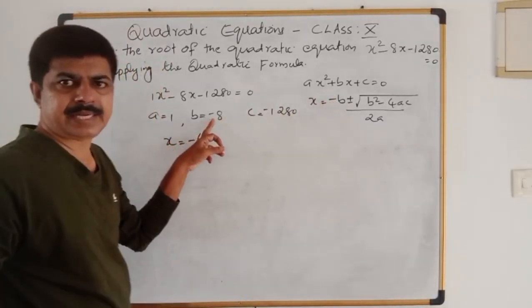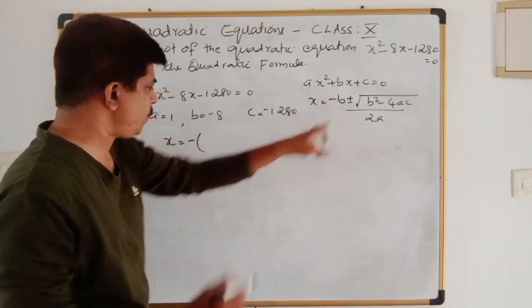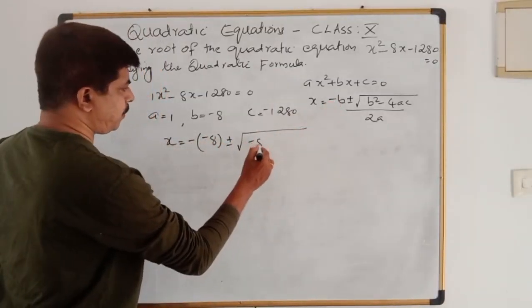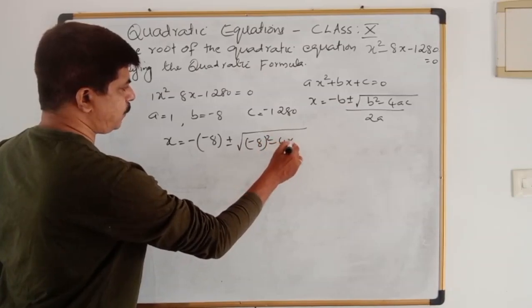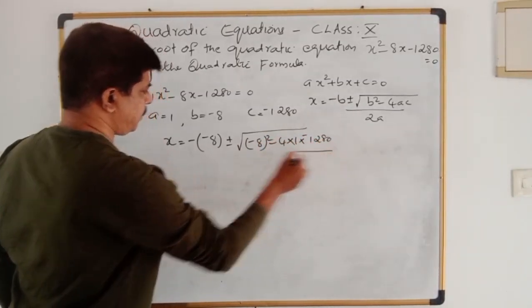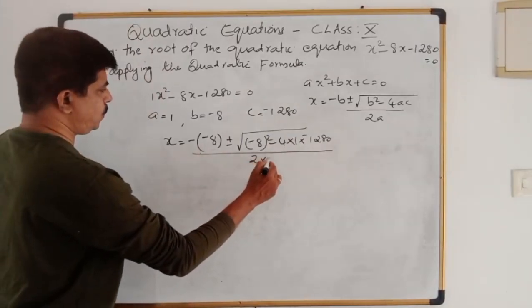So b is already negative, so minus of minus 8, plus or minus the root of b square minus 4 into a into c, all divided by 2 into 1.